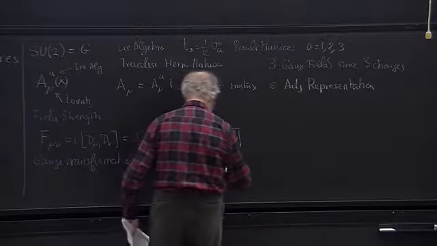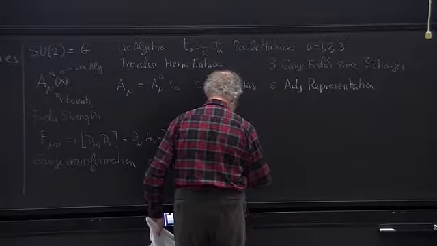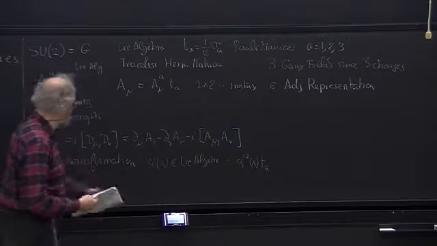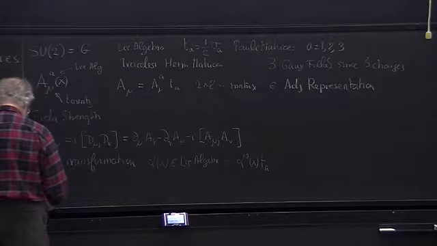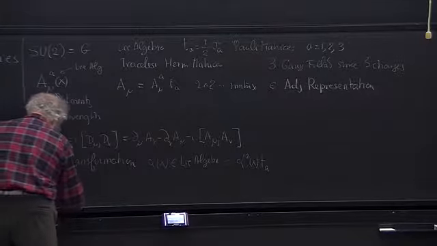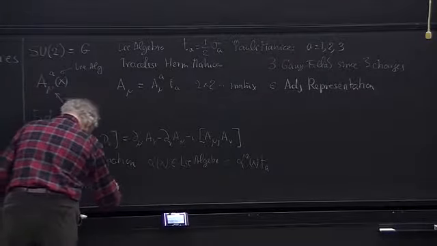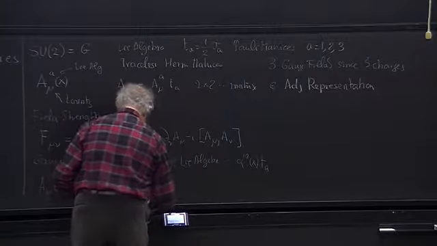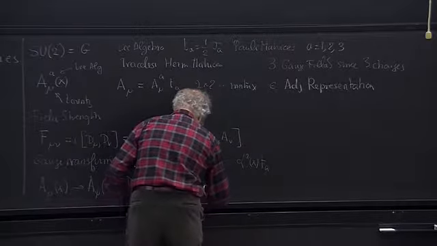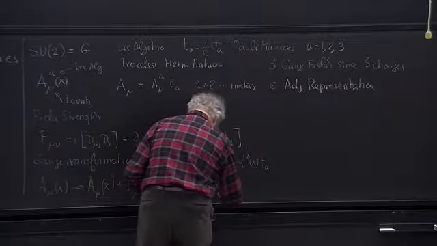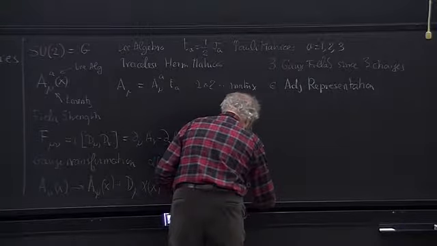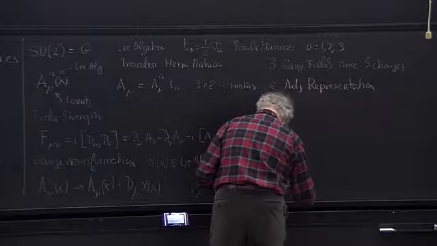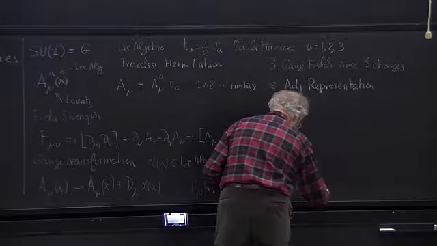So it's going to be alpha^a of x T^a. So it's a field with 3 components, but it's a scalar field here. And the gauge transformation of A_mu means that we transform A_mu of x into A_mu of x plus the covariant derivative of alpha of x, where D_mu alpha of x is the ordinary derivative of alpha minus i times the commutator of A_mu of x with alpha of x.